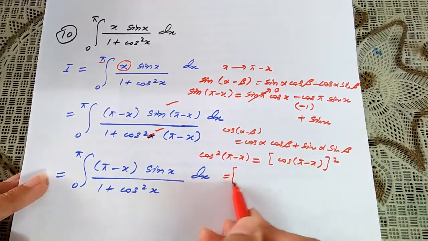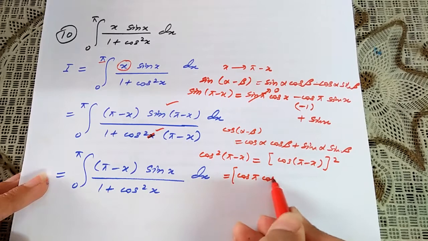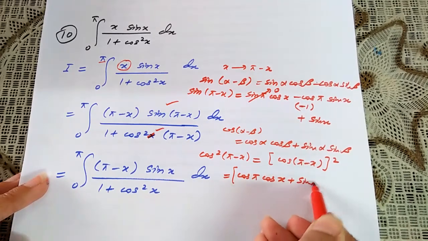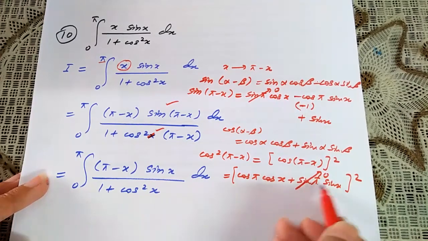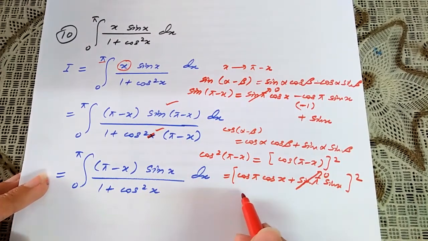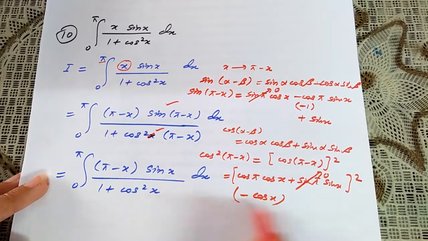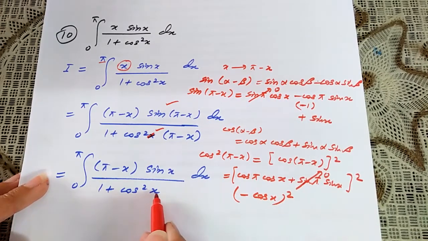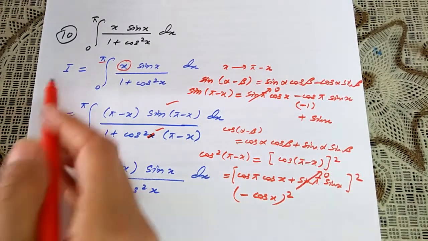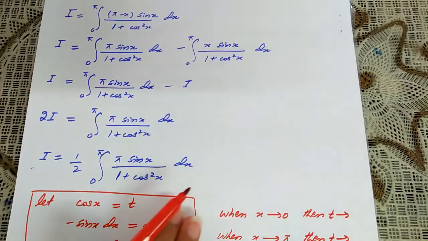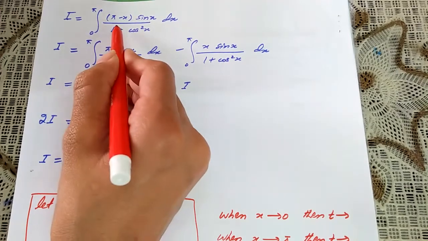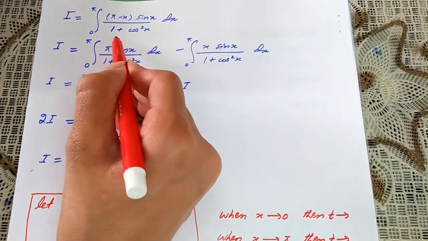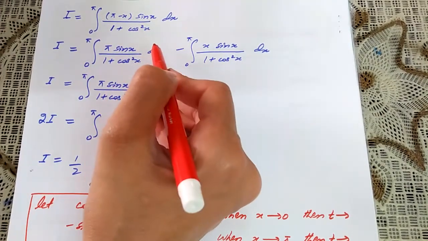Now we can write it as cos of pi cos of x plus sine of pi sine of x whole square. Because sine of pi goes to 0, we have minus cos of x whole square, which equals cos square of x. So I equals integration 0 to pi of pi minus x, sine of x over 1 plus cos square of x dx.